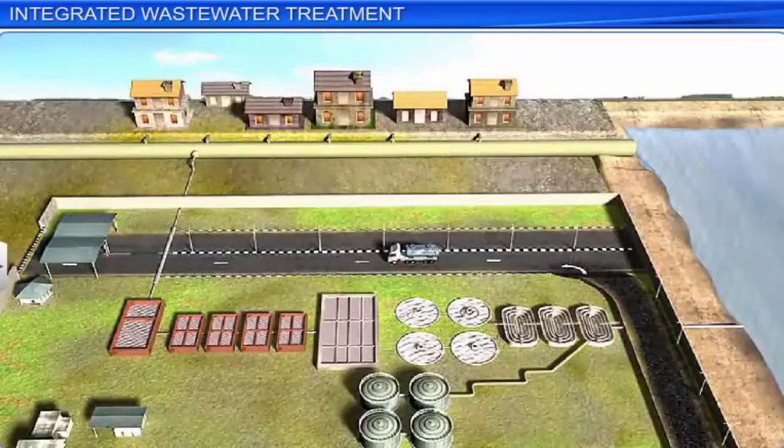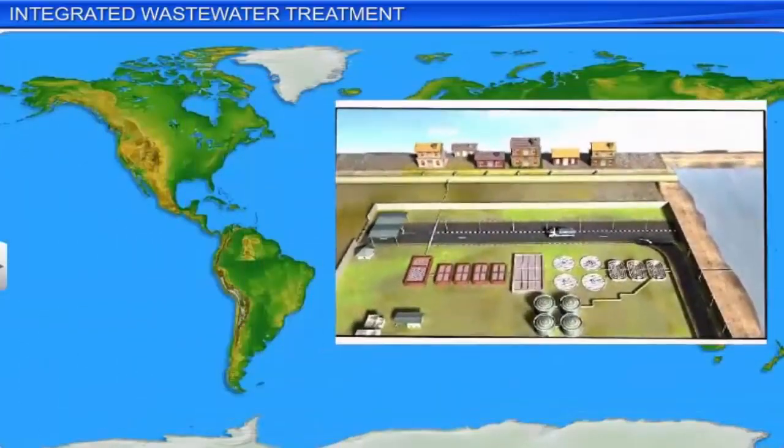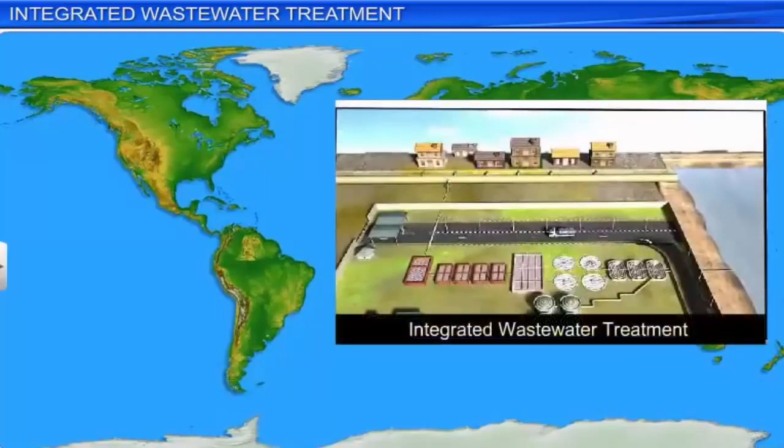In fact, most cities in the world have developed a combination of natural and artificial processes to treat wastewater. Let us take a look at such integrated wastewater treatment in Arcata, situated along the northern coast of California.